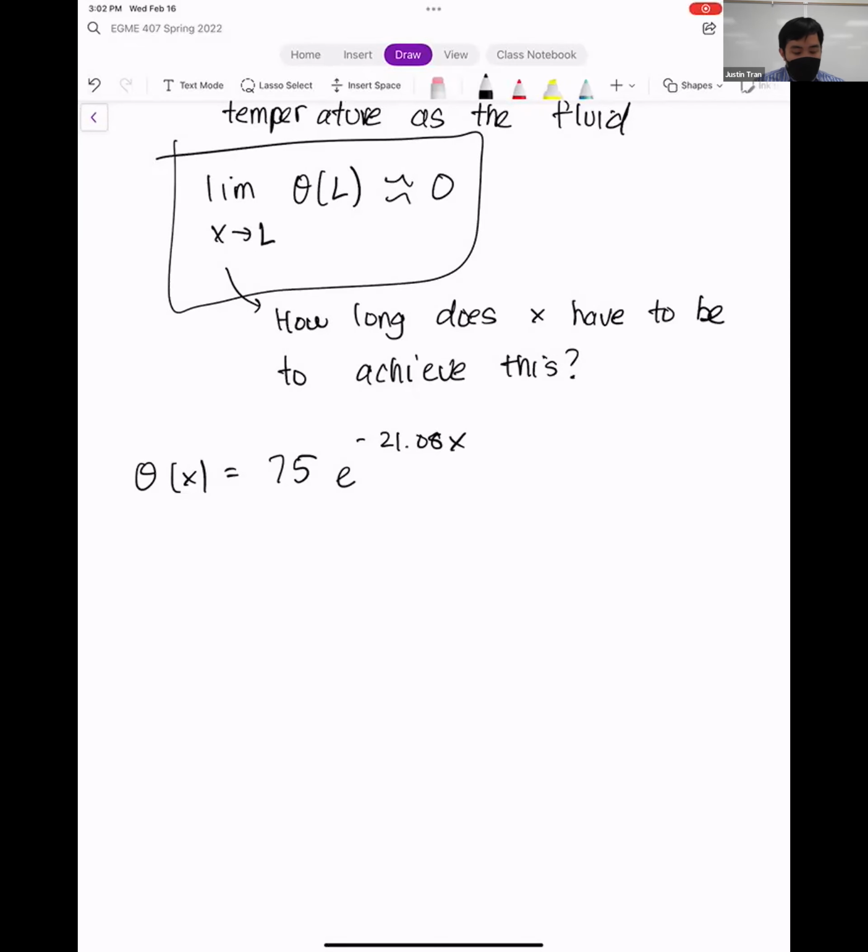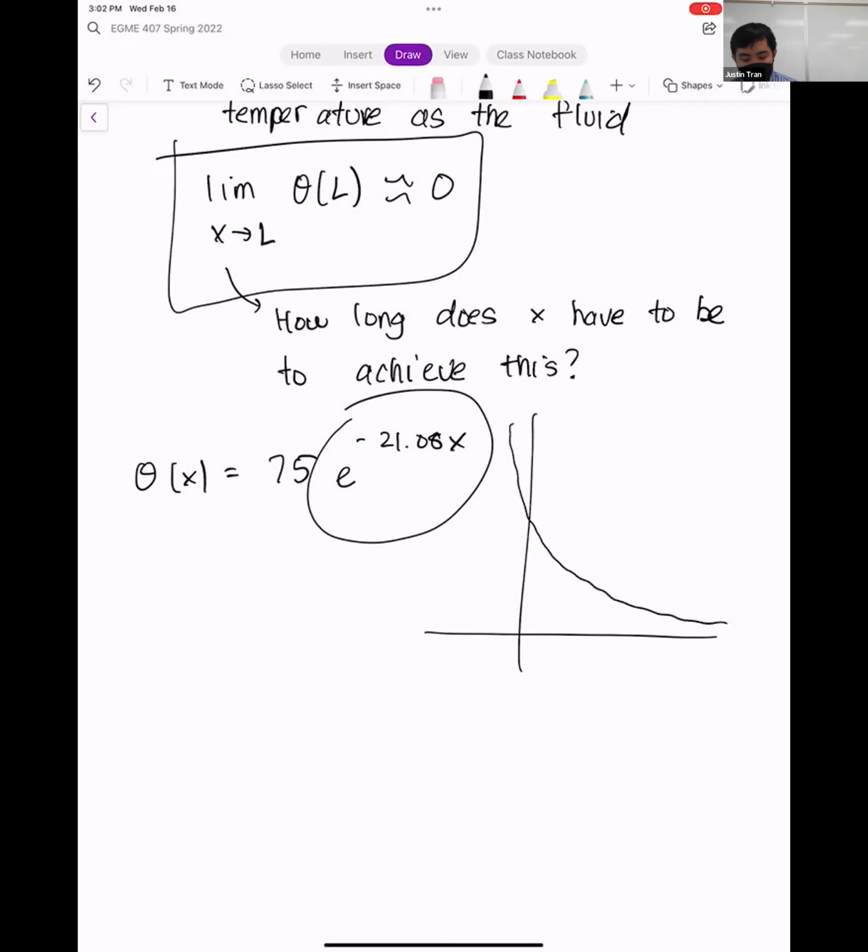And so to find the point where this approaches zero, we have to use a little bit of mathematics here. What do we know about this function, the decaying exponential? We know that it decays exponentially, hence the name, but it never fully touches zero. Even if you have a very large number in the exponent, you might get a very, very small number, but you're never going to get fully equal to zero. And so we have to arbitrarily cut this off at some point.